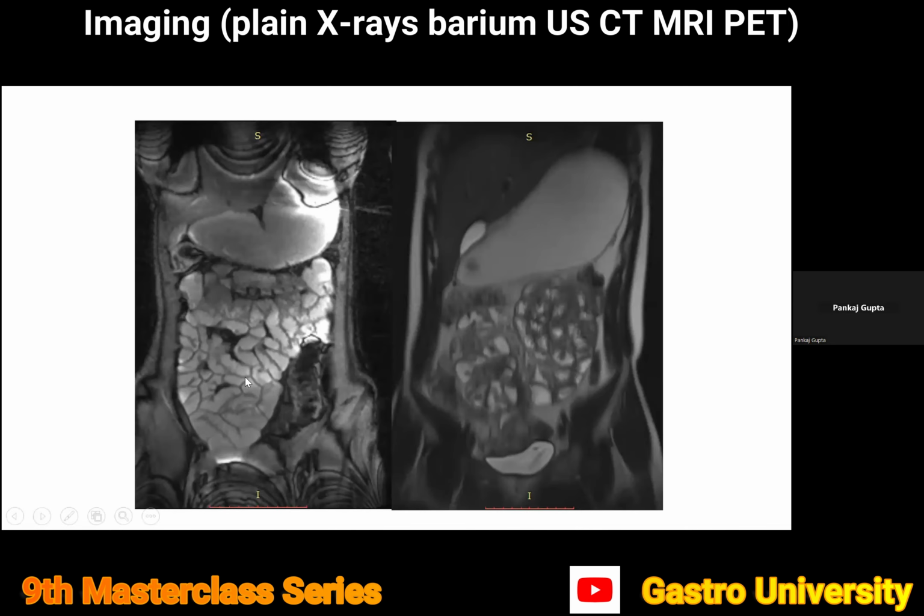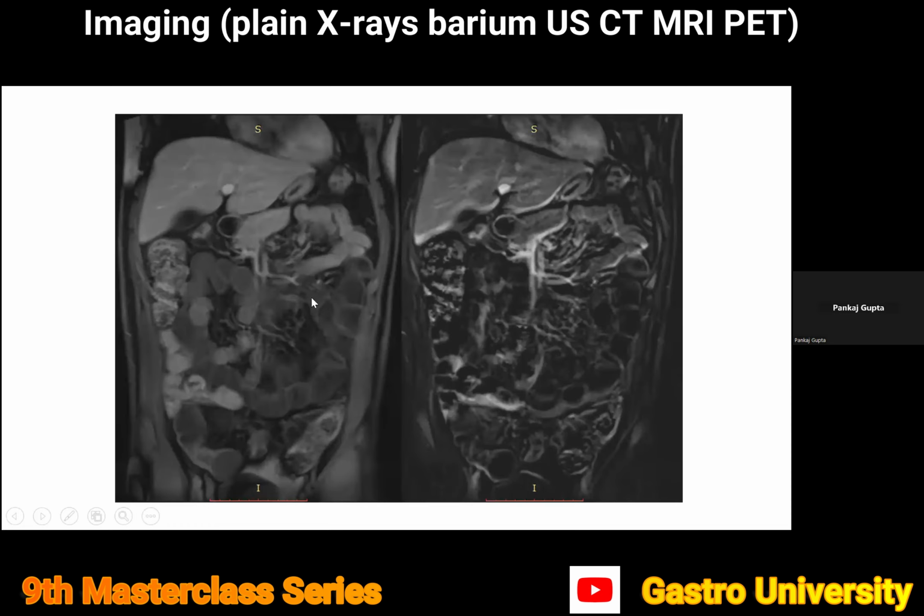These are some of the images of MR enterography. So these are T2 weighted sequences where we can see that the fluid which is administered is appearing bright. However, the cornerstone of MR enterography is a dynamic contrast enhanced MR, where we see the fluid as a black structure, and any lesion will be appearing as a bright structure against that black background.